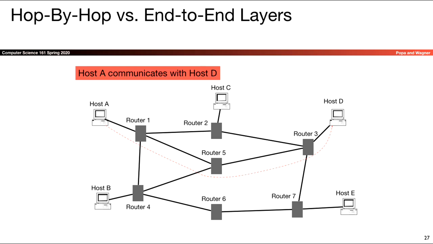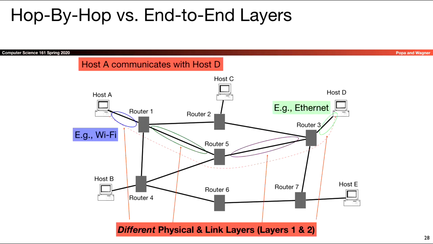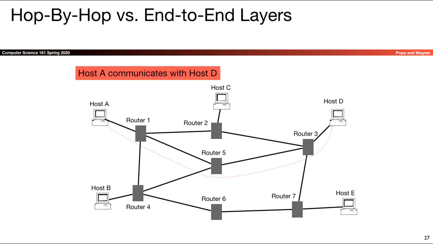So let's talk about how that happens. It's going to happen by sending this packet kind of along this path. So there's going to be a packet, an IP, Internet Protocol packet, where the destination is host D. And host A might not know that whole path, might not know the whole graph.